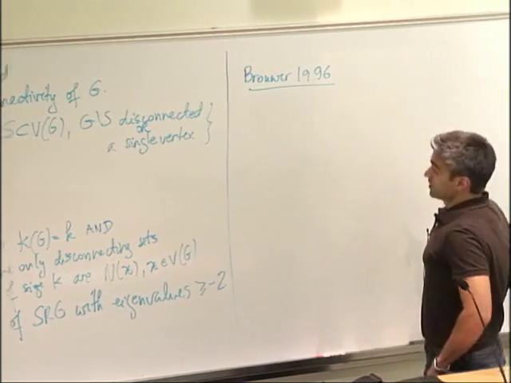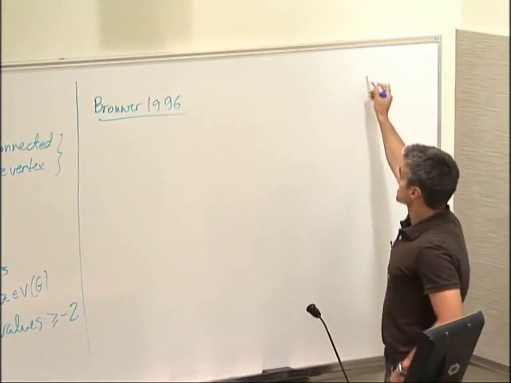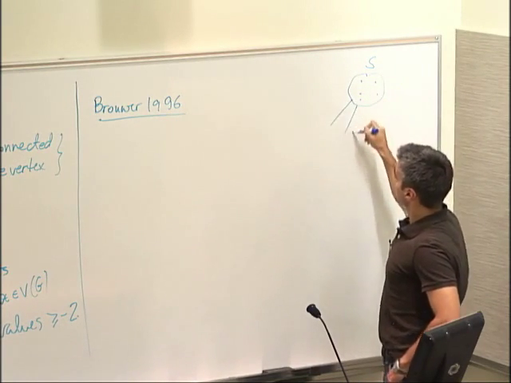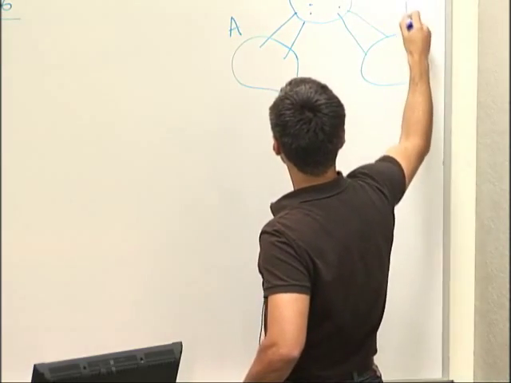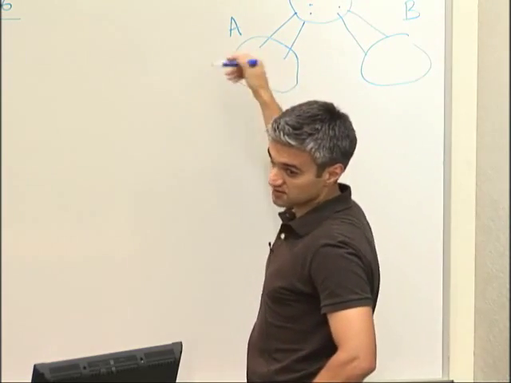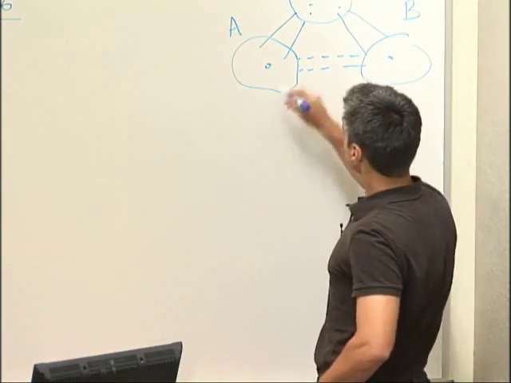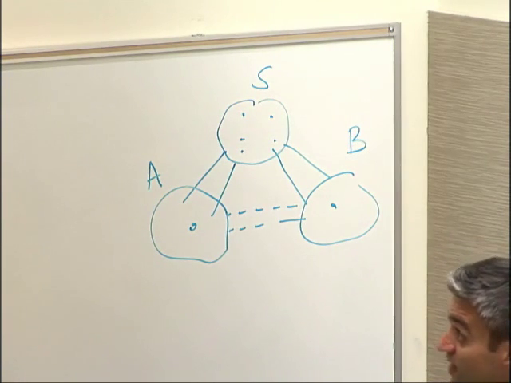Before I tell you what he conjectured, the picture with disconnecting sets is the following. You have a set S of vertices, and here a subset of vertices A, and here B. Here it could be disconnected, there could be more components, but you have no edges between these parts. That's the picture in a vertex connectivity problem.